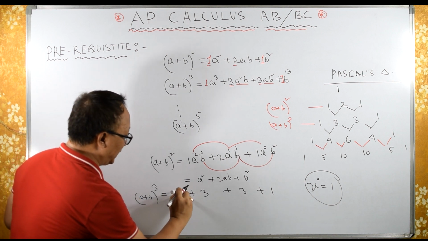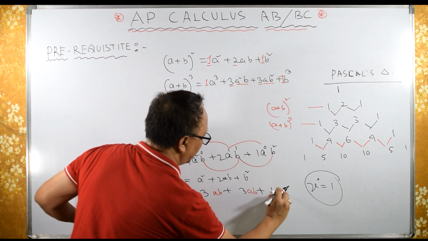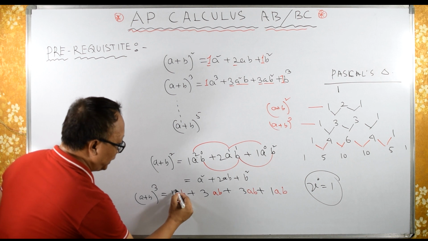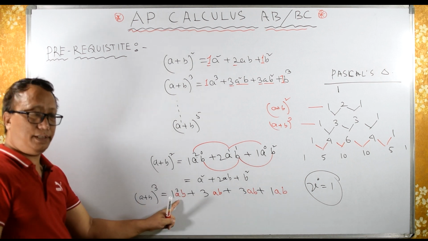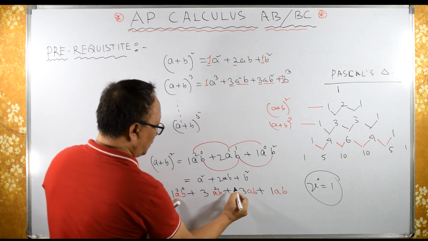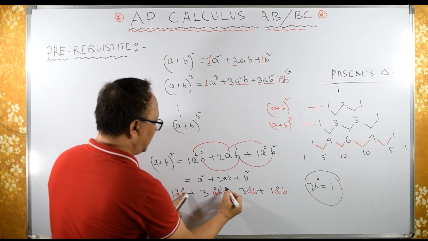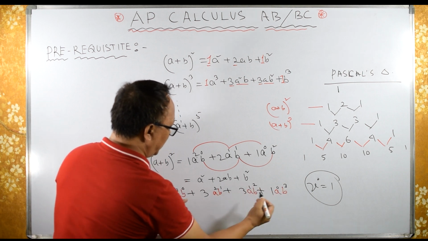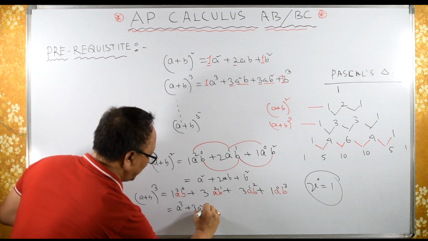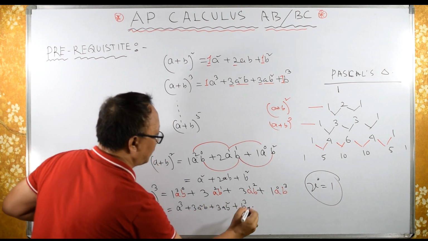Okay, here let's write a b. a gives the highest power 3, and if I give a 3, then b should be 0, and then decrease a: 3, 2, 1, 0, and then b: 0, 1, 2, 3. And this is the same as a cubed plus thrice a squared b plus thrice a b squared plus b cubed.